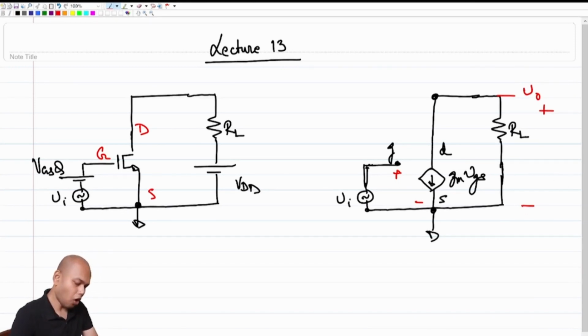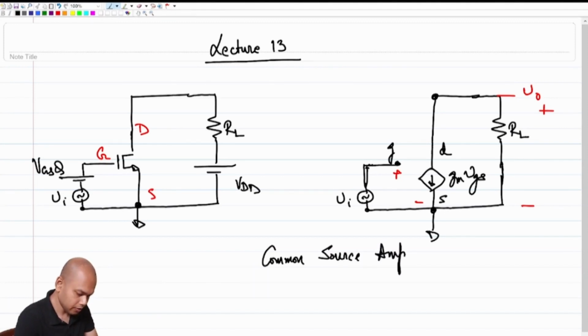So the common terminal between the input and the output is the source terminal, and since the common terminal in the incremental model is the source terminal, it's called a common source configuration. So this is also called a common source amplifier.